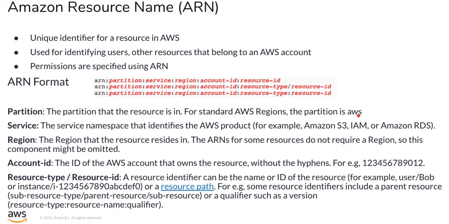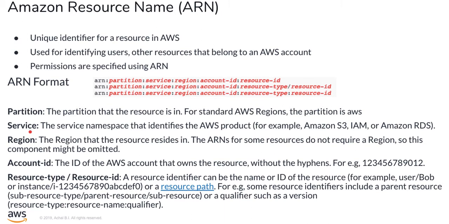But there are some partitions like US government partitions and China partitions, which would have something like AWS hyphen CN or something like that. So there are different partitions, but globally we would be mostly using AWS as the partition.